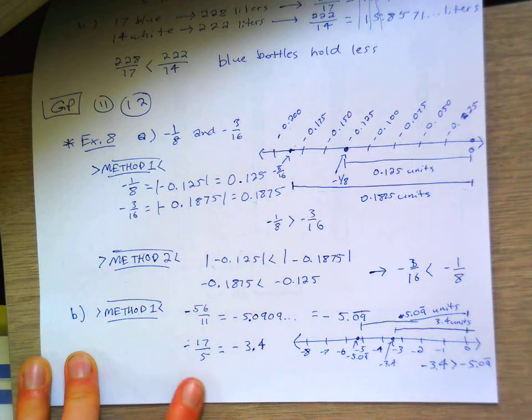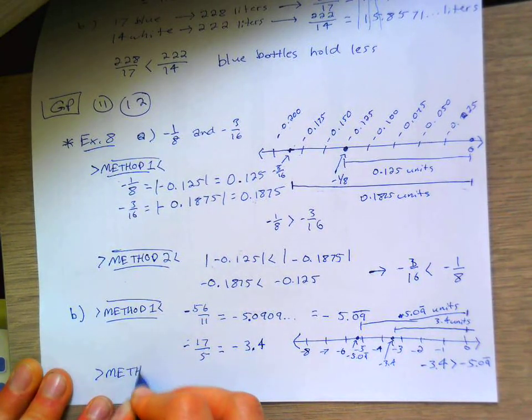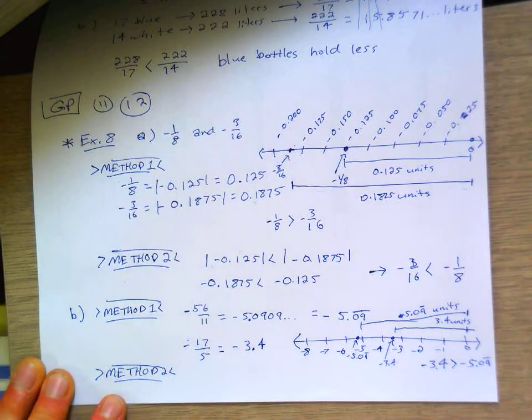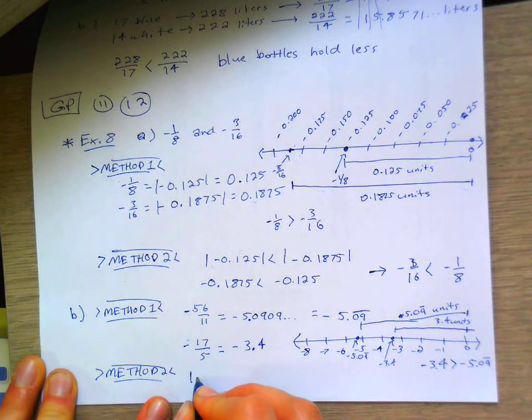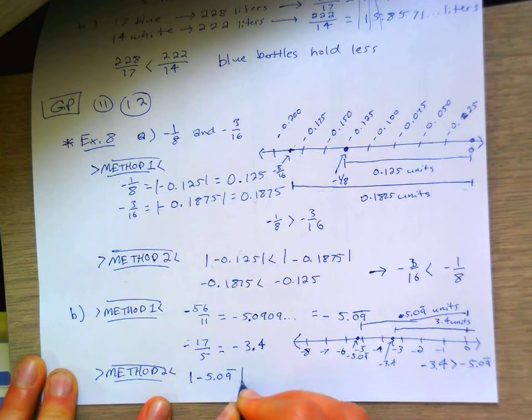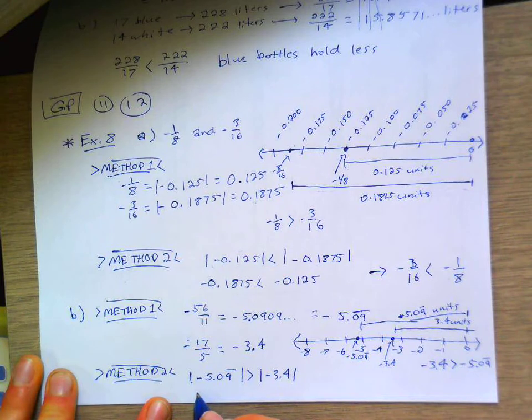Let's try method 2. In method 2, we're going to be comparing their place values. So let's do the absolute value of -5.09 repeating, which is greater than the absolute value of -3.4. And remember, we can just switch those to figure out that -3.4 is greater than -5.09 repeating.